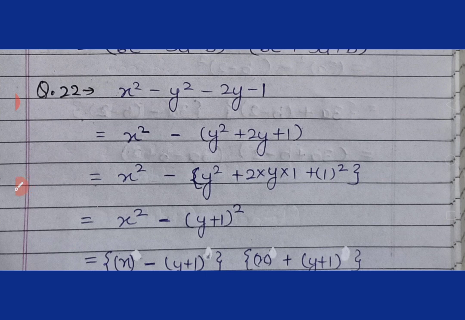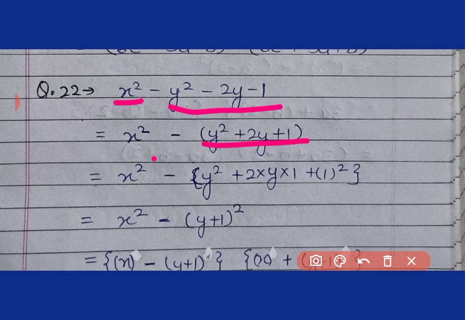Now here are 4 terms given, but it has created a confusion about how we will change it into the form of x square minus y square. The first term is x square, so we will put it outside because there is no relation showing with the other 3 terms. So we will write the other terms into a bracket.